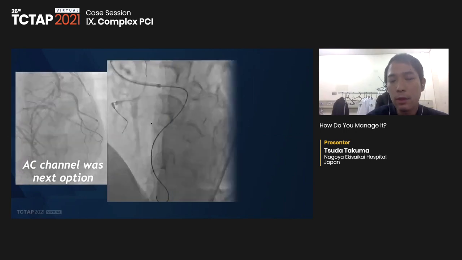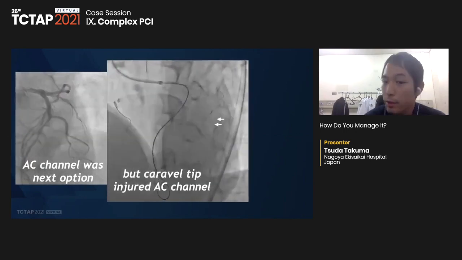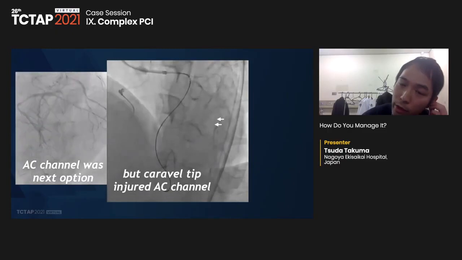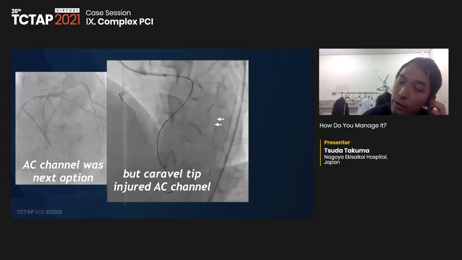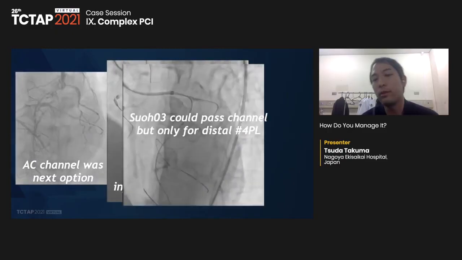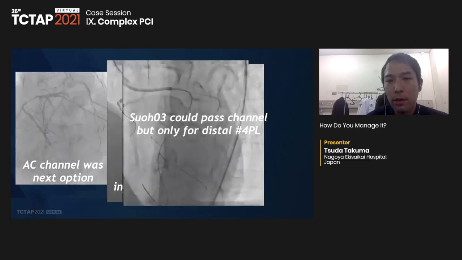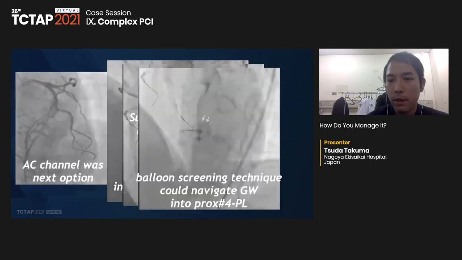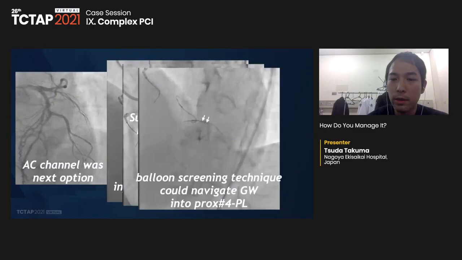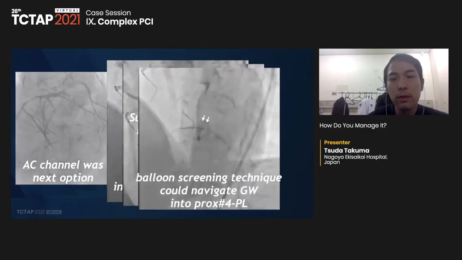But the tip injured the AC channel with a perforation like this. However, the SUOH 03 could pass to the distal PDA. However, it was difficult to reach the proximal PDA. So I performed the balloon anchoring method from the septal branch like this.